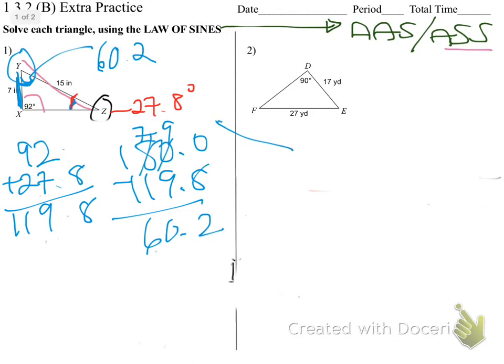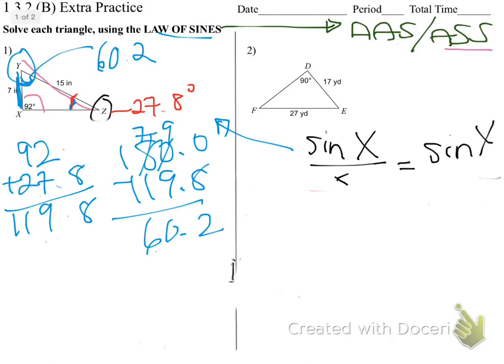Okay, and I'm just going to do it right here. The other missing side, well, you might be tempted to use Pythagorean theorem, but remember Pythagorean theorem only works for right triangles, and this is not a right triangle. So we can use the law of cosines or the law of sines, but since I asked you to use the law of sines, we can say sine of x over little x equals sine of big Y over little y, since we're trying to find the side opposite from y.